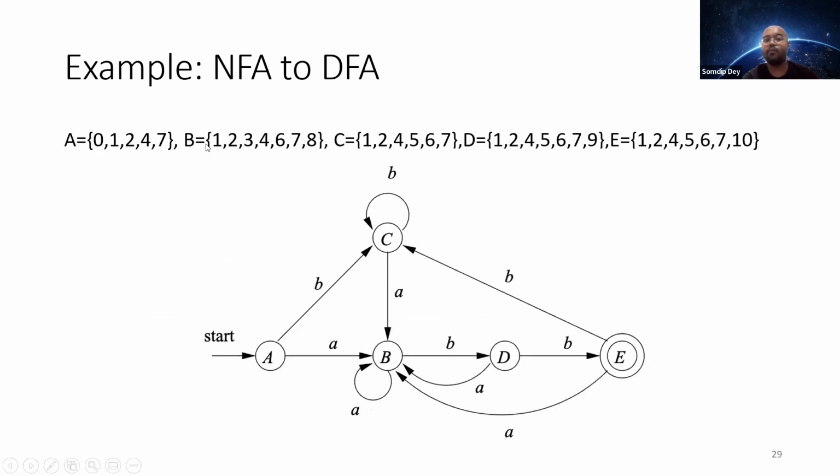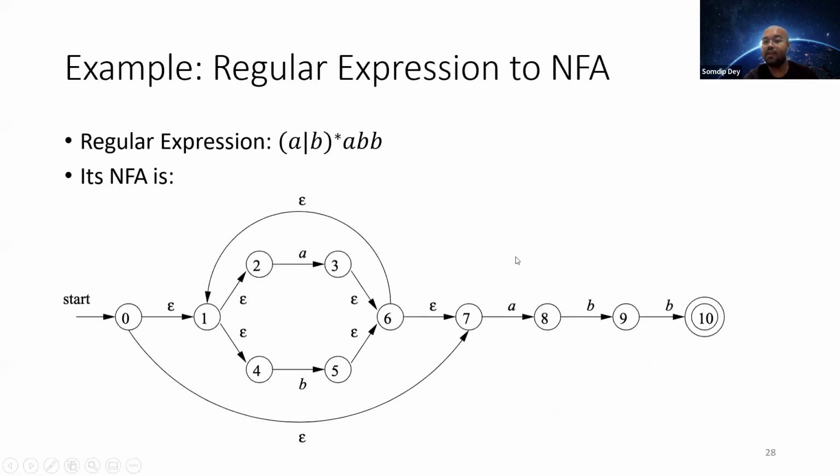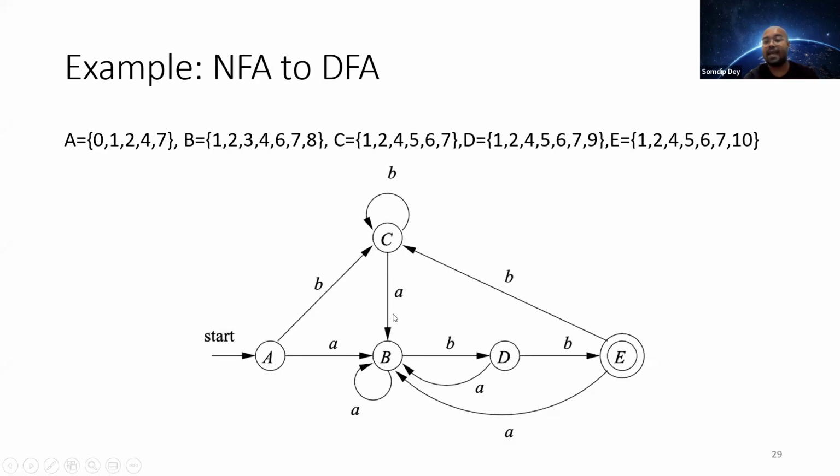And the same way we do that for the states B, C, D, and E in the DFA by consolidating the states from the NFA so that it doesn't have any epsilon move and it doesn't have multiple states for the same input. So we have someone mentioning something in the chat.